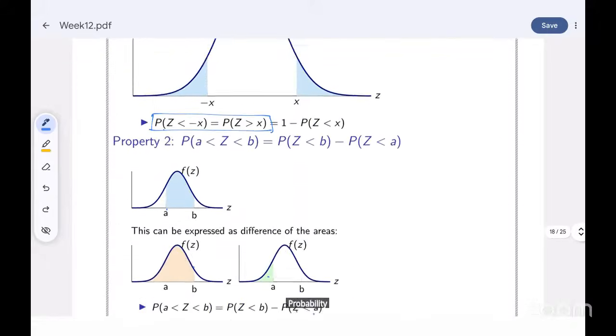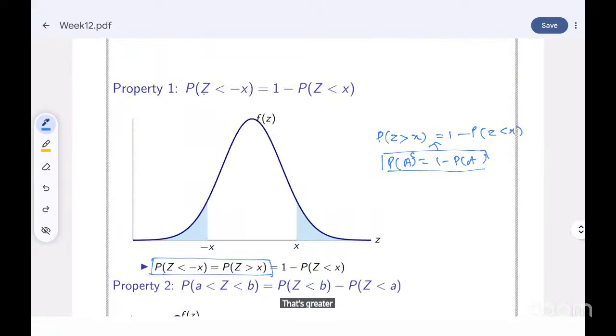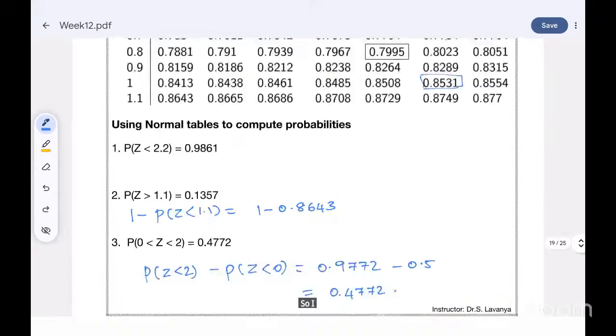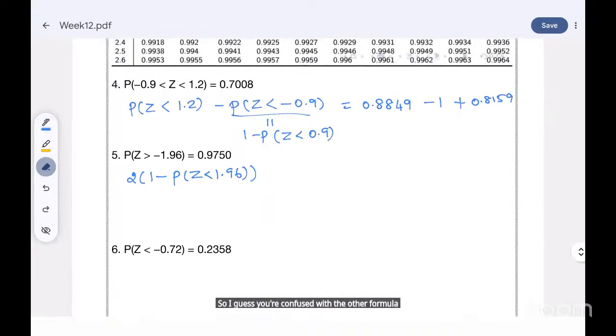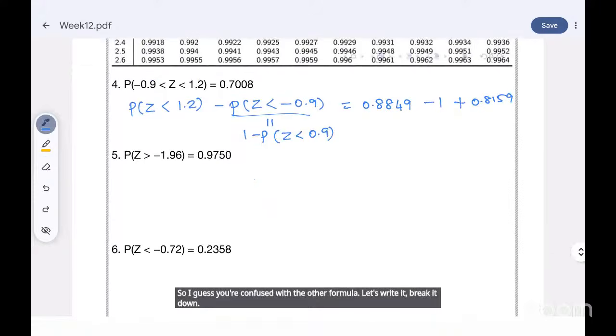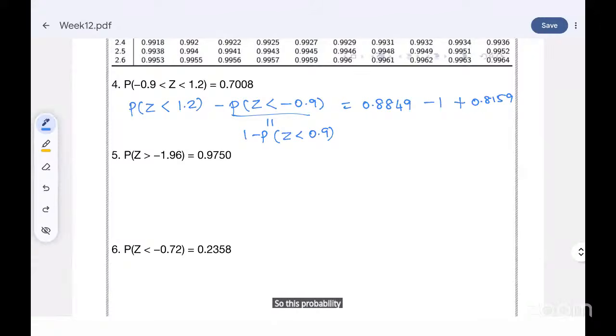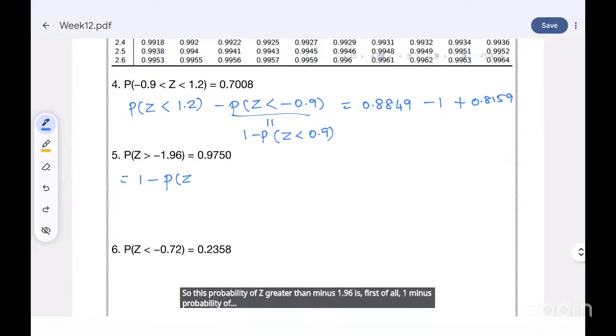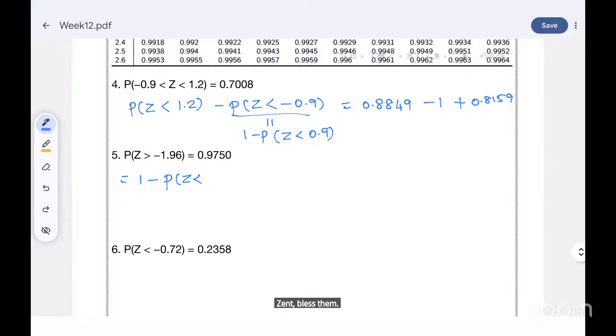Probability of z greater than... see, so z less than minus x is given. So I guess you confused with the other formula. Let's break it down. So this probability of z greater than minus 1.96 is first of all 1 minus probability of z less than minus 1.96.